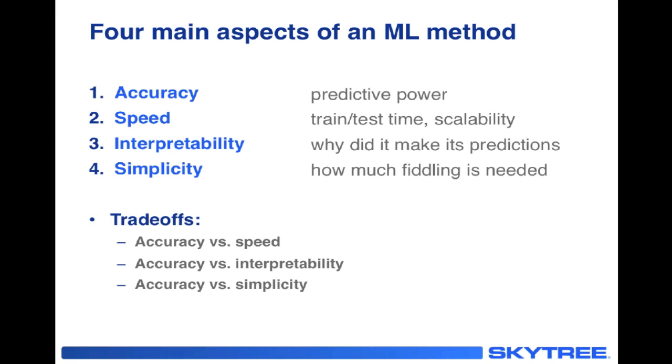Okay, now generally speaking, accuracy trades off with each of the other three. Accuracy is usually the whole point, but if you want to go faster, there are many things you can do, but it reduces accuracy generally. Simpler methods are faster, but less accurate as well. Same with interpretability, and the same with simplicity.